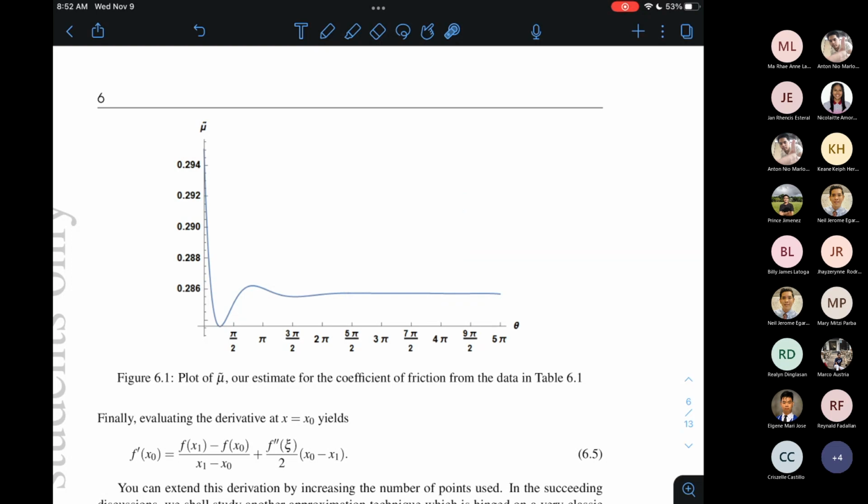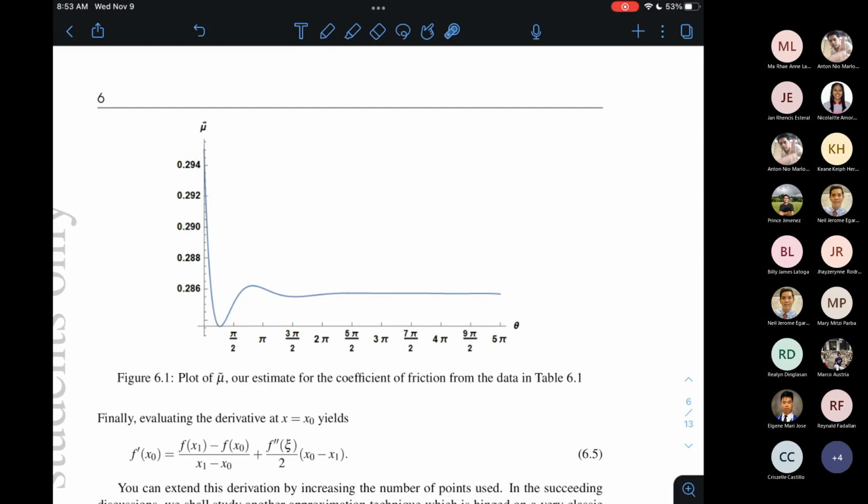Since I am expecting the coefficient of friction to be a constant, I will look at this graph and see saan nagko-converge yung mu tilde, right? And mu tilde seems to be stabilizing around the constant 0.286. So I can say, the coefficient of friction is approximately 0.286. Okay? And that's what we have here.